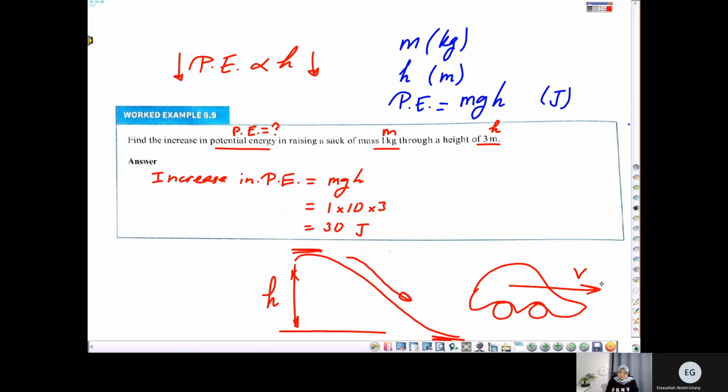For example, the wheels of the car are rotating, so the point at the top of the wheel is faster than the car itself, and the point at the lowest point of the wheel is moving more slowly. But we will consider this difference as negligible and consider the whole car as a particle. This is the modeling.